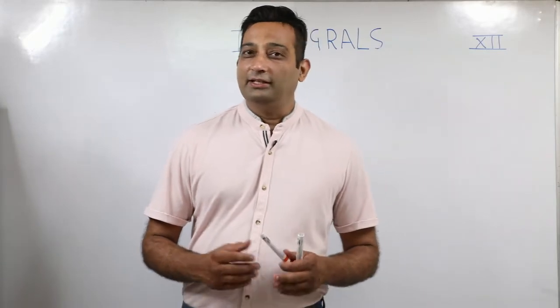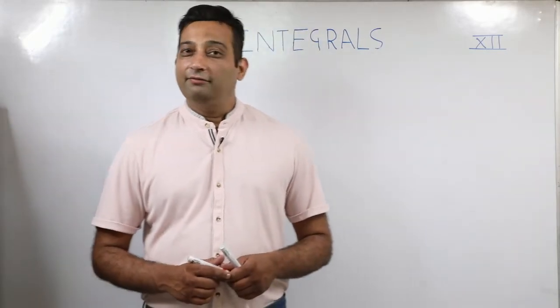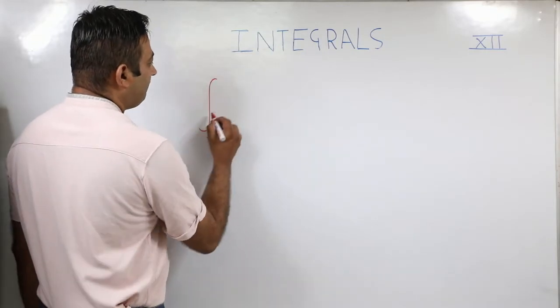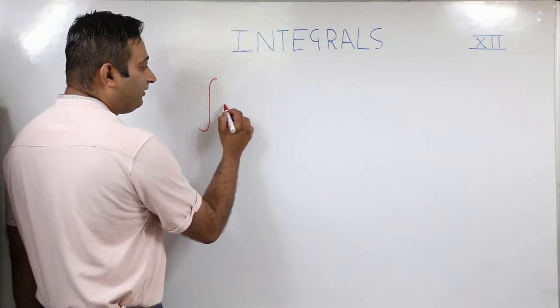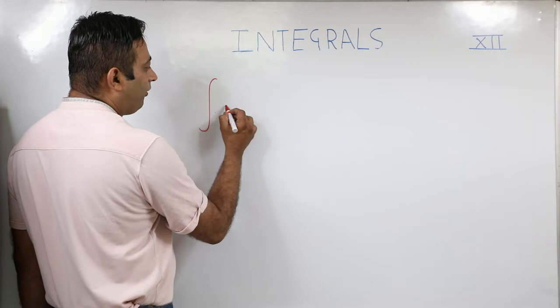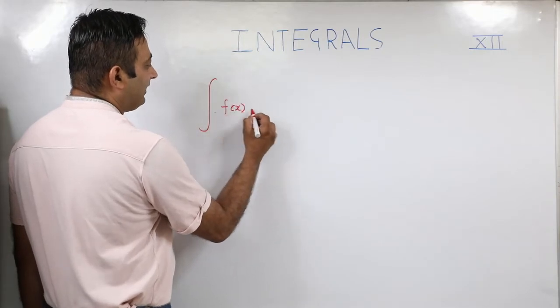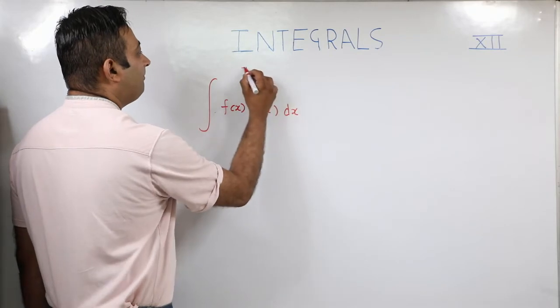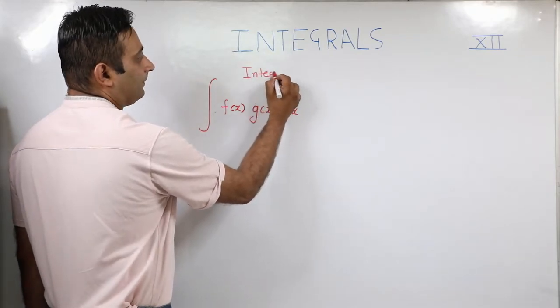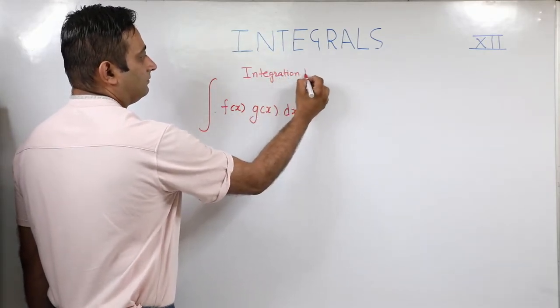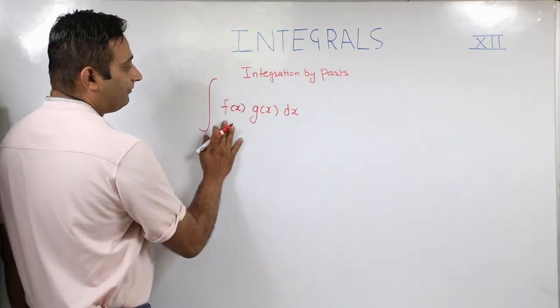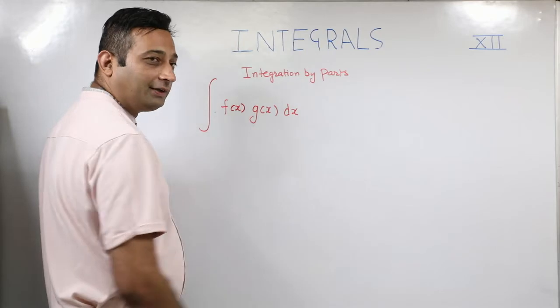Dear students, now we'll do one more method, which is a very interesting method in which we have the rule where we can integrate the functions which are already in the multiplied form. Let us consider that rule, which is called integration by parts, where we have two functions f(x) and g(x).